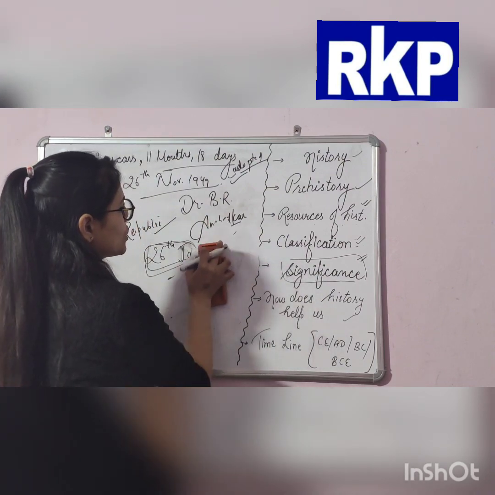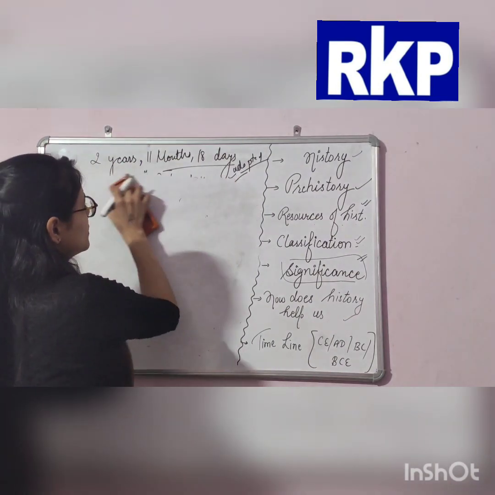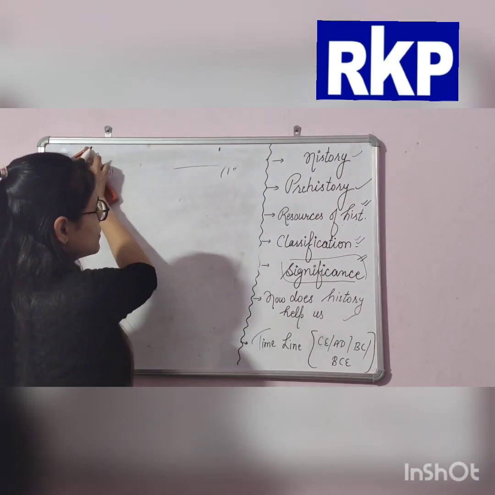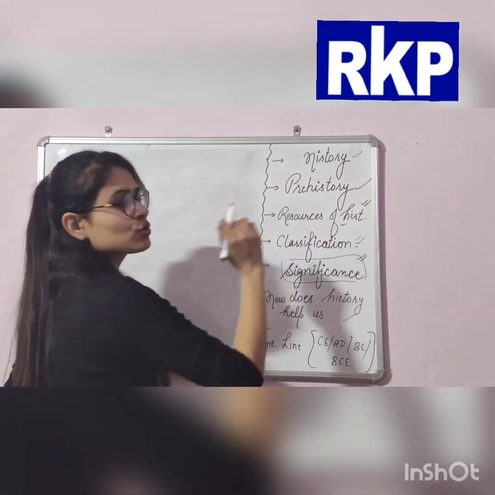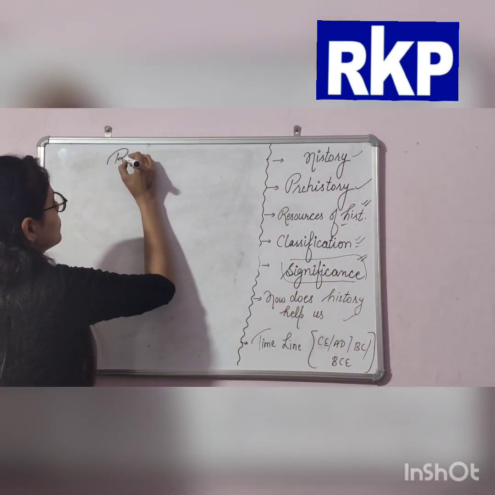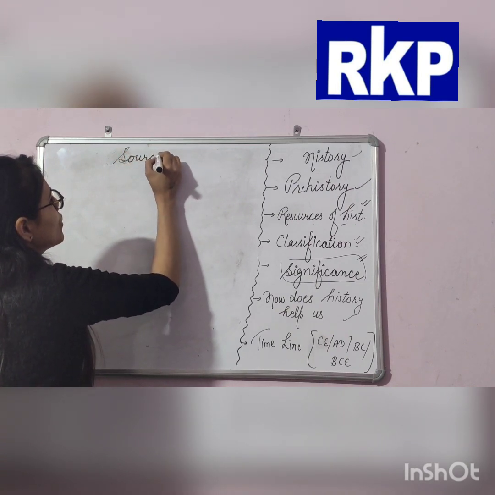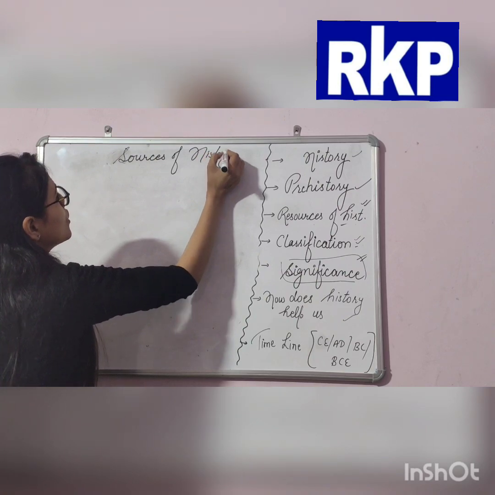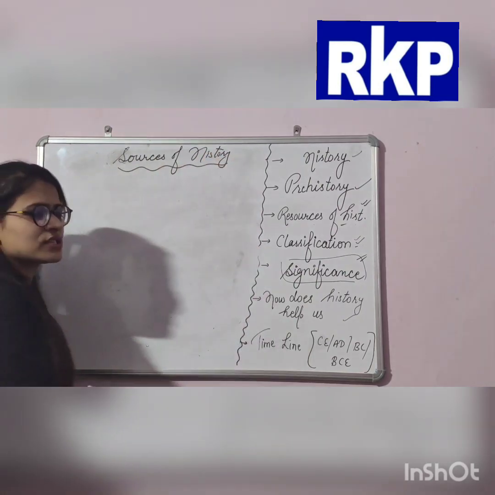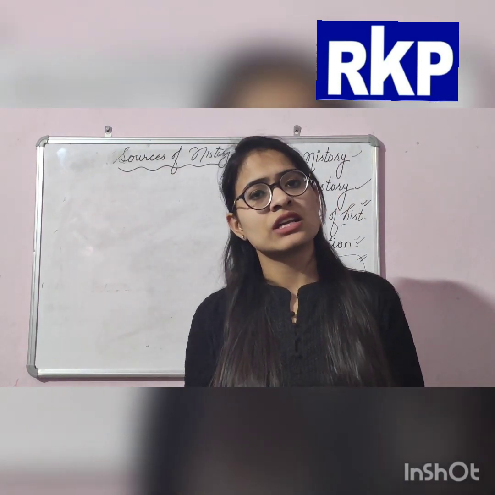Just look at the board carefully and listen to me carefully. Now, resources of history, or we can say sources of history. We are discussing the sources that help us to study history.